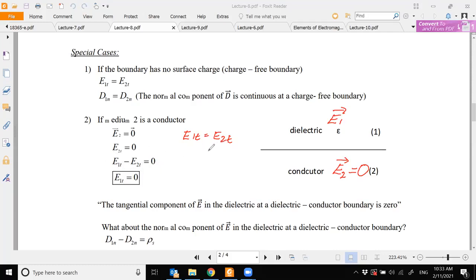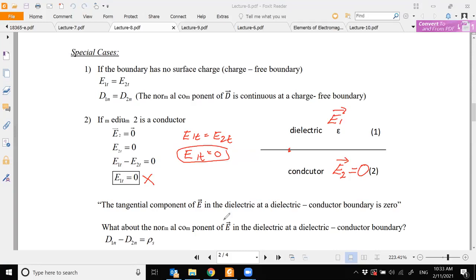That means E1 tangential is also 0. So this is the rule: at the boundary here, you will not have a tangential component of the electric field. Your electric field tangential component will become 0.